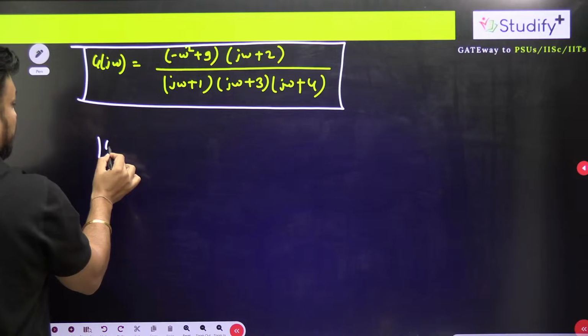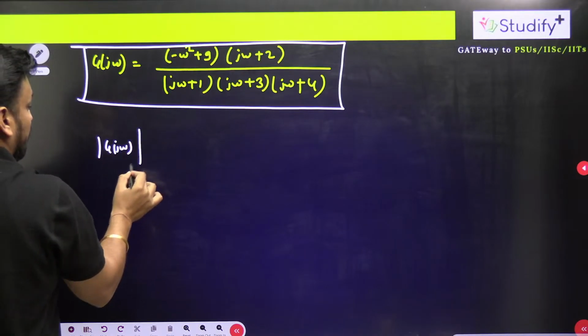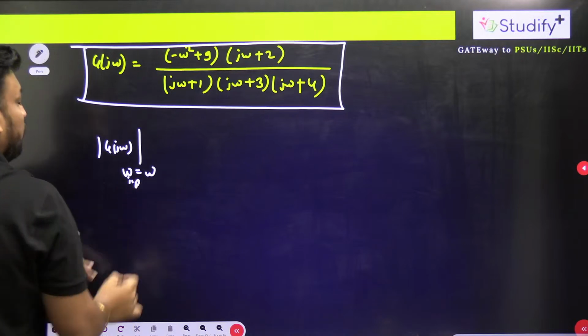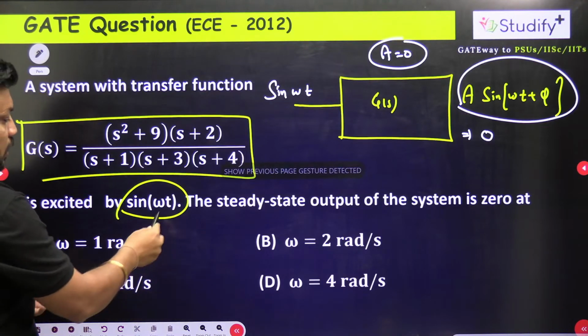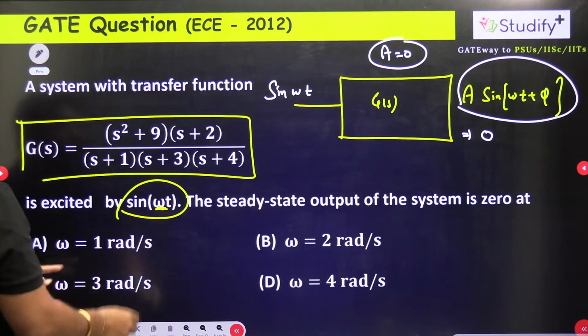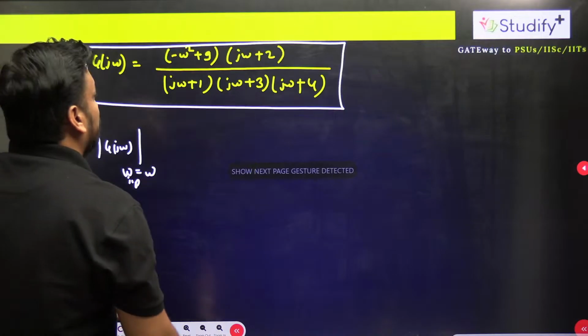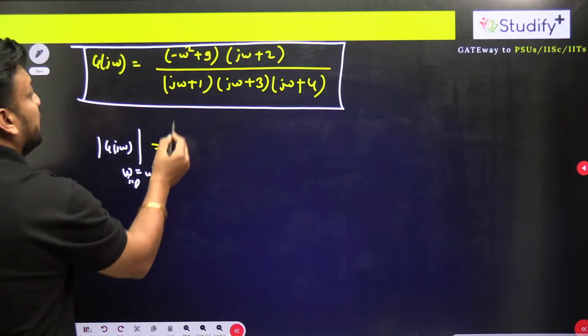The magnitude of G(j omega) at the input omega. Sir, the input is omega. We have to find out that omega which will make the output 0. Okay sir, so first find the magnitude quickly. What is the magnitude of the real part?